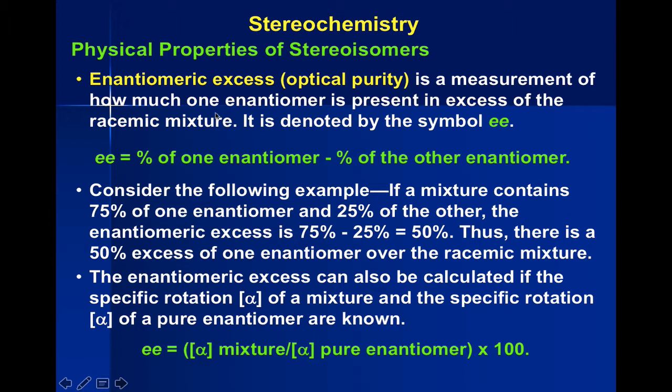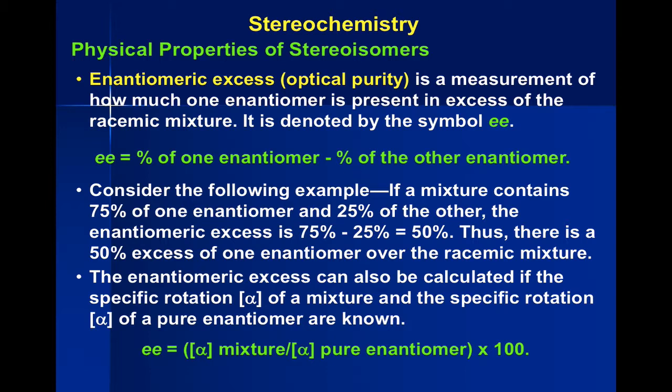Some other things that we need to know about that you should have read. You need to know what an enantiomeric excess is. This is also known as optical purity, and it's a measure of how much one enantiomer is present in excess of the racemic mixture, and it's denoted by the symbol of EE. So the percent EE of a mixture is actually just the percent of one enantiomer minus the percent of the other enantiomer.